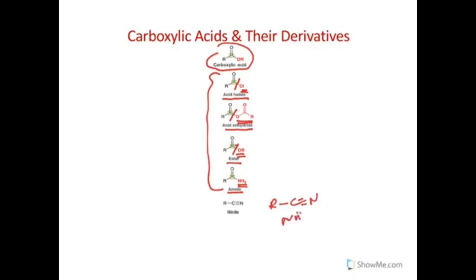If you have a nucleophile, we can install the nucleophile on the carbon of the nitrile, and we will create an intermediate that looks like this. What you can see here is we have installed a nucleophile, and now the nitrogen is able to accommodate the minus charge, just like the oxygen of the carbonyl.